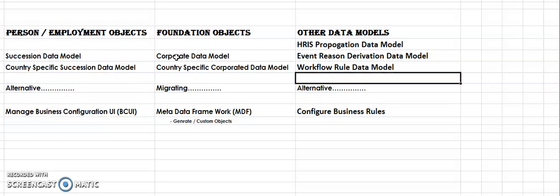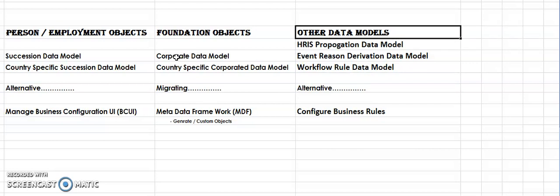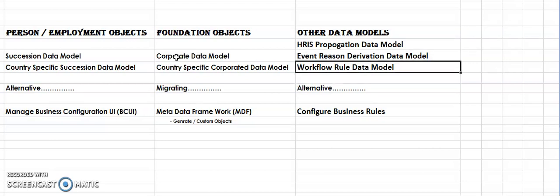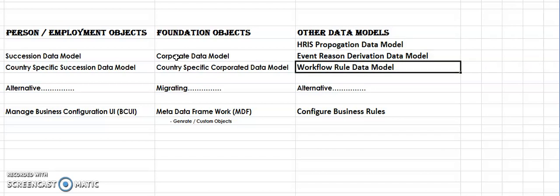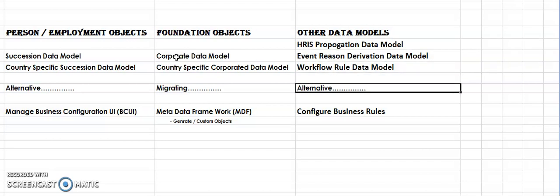Similarly, for the other 3 data models in Employee Central, that is the HRIS propagation data model, event reason derivation data model and workflow rule data model, SuccessFactors has provided an alternative.